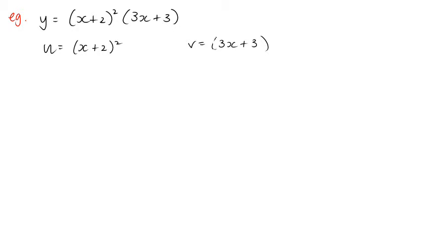Probably don't need those brackets in there. v is quite easy, so we can find the derivative of v. What is it? 3. Good. Now, derivative of u is not going to be quite so simple because we've got a function to the power of 2, so we need to use the chain rule to find the derivative of that.